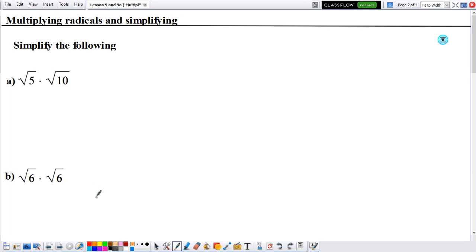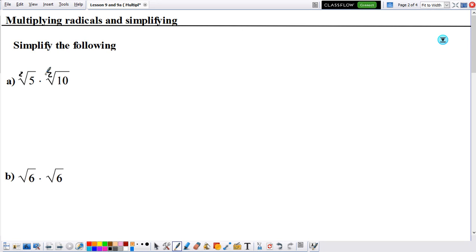So first they're asking us to simplify. Notice here that we're multiplying two square roots. How can we multiply square roots? Just like in the main idea, the first thing that you need to pay attention to is, are they the same square roots? Whenever there's no number in the square roots, there's always an imaginary 2.